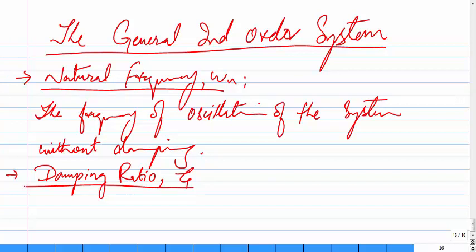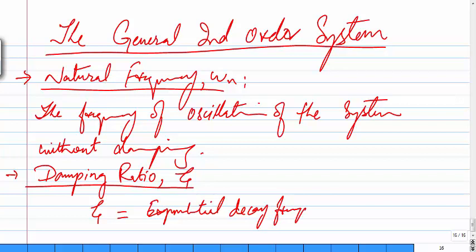To identify what type of damping we have, we normally calculate zeta as the ratio of the exponential decay frequency divided by the natural frequency.